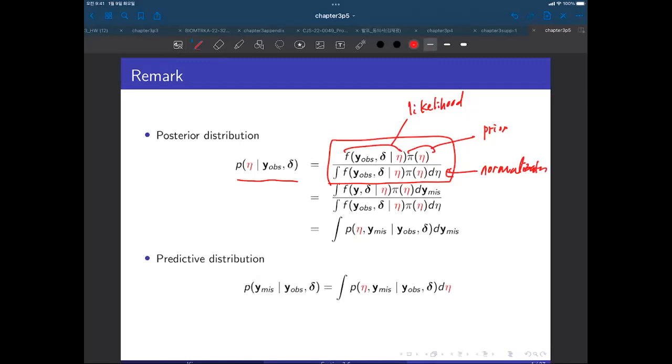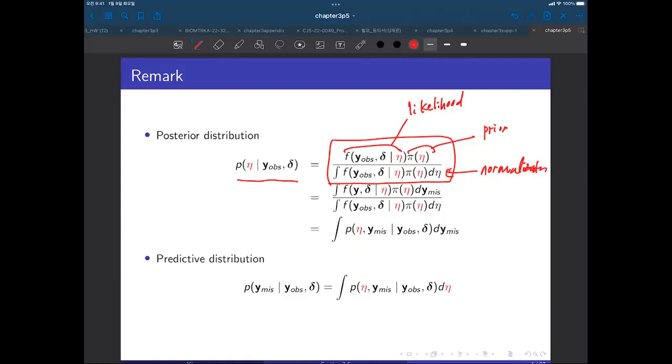So that's the first equality. The second equality is about the likelihood. The likelihood is actually a marginal likelihood, the marginal density of the observed data, and the original joint is a full model specification.